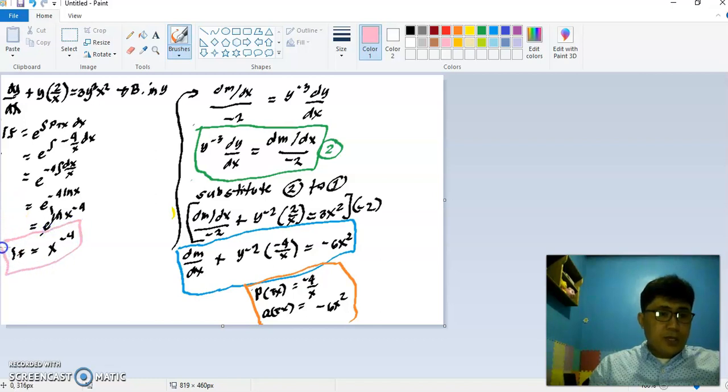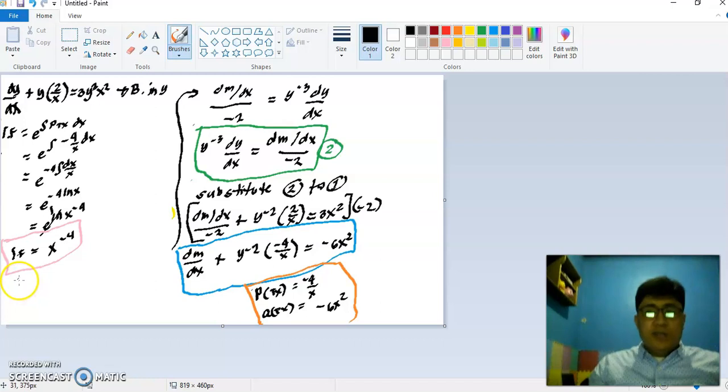So now we already have our P(x), Q(x), and our integrating factor. Now, recall that the general solution of our Bernoulli differential equation is like this. Because this is Bernoulli in y, we will not put y here, but instead we will put the value of m.